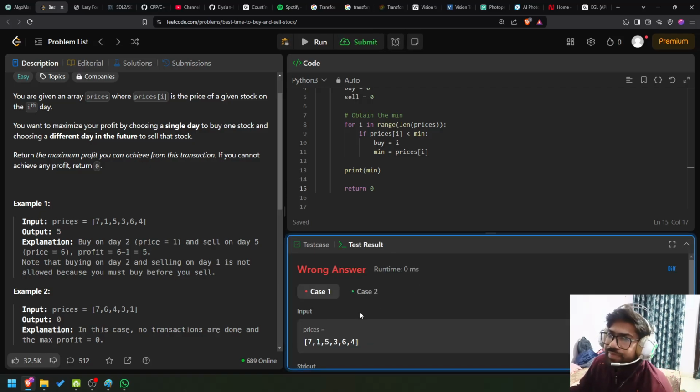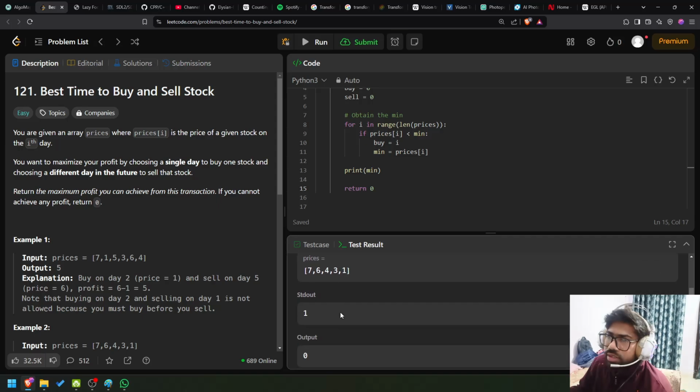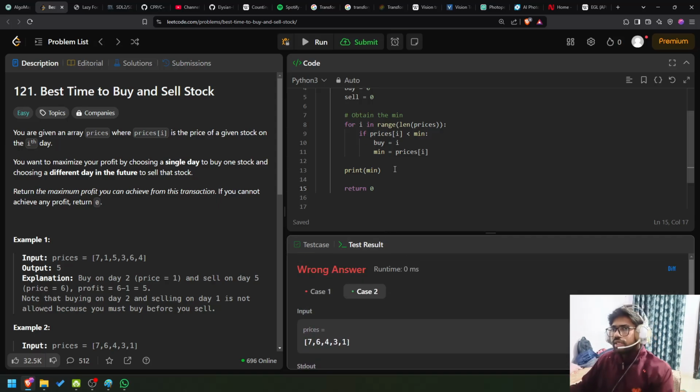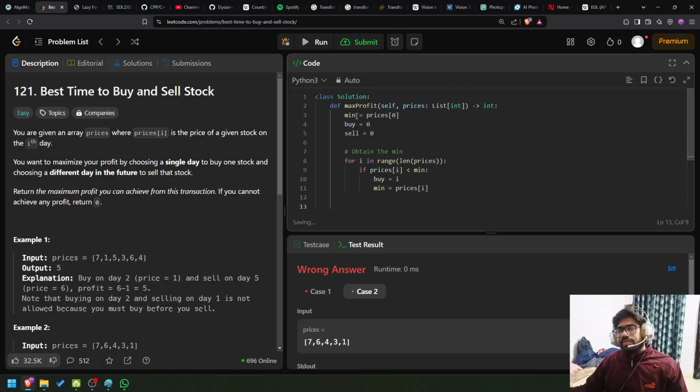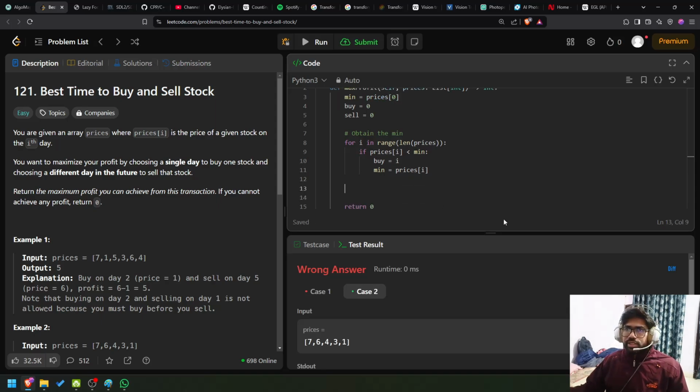Nice, and here as well min. Then I create another variable, max equals min.